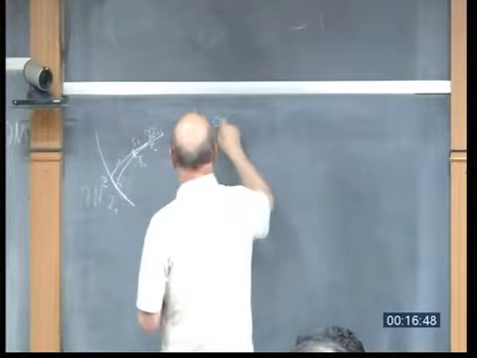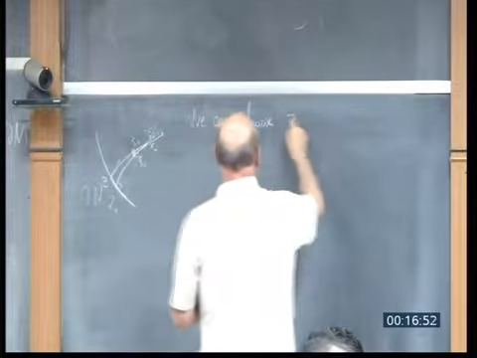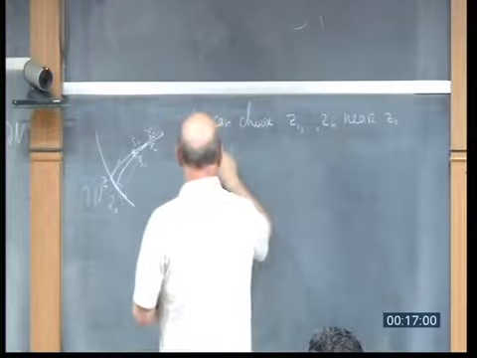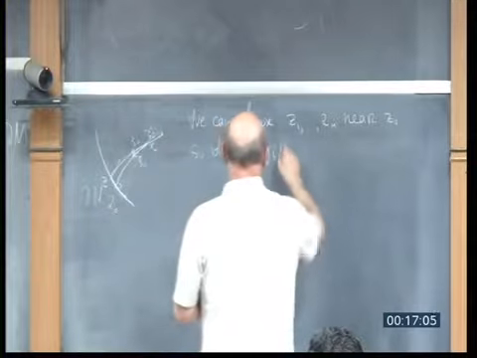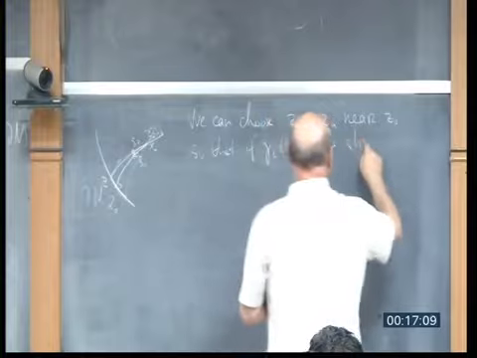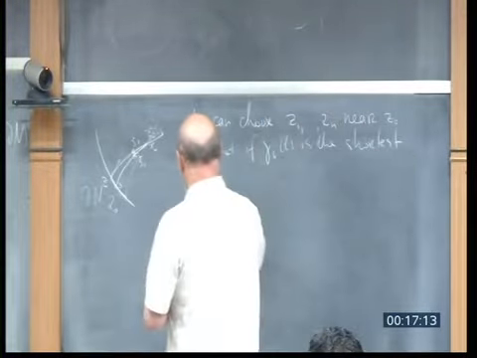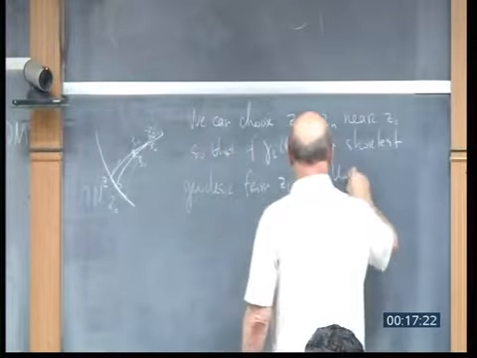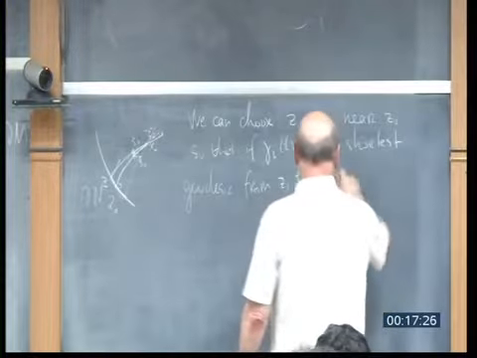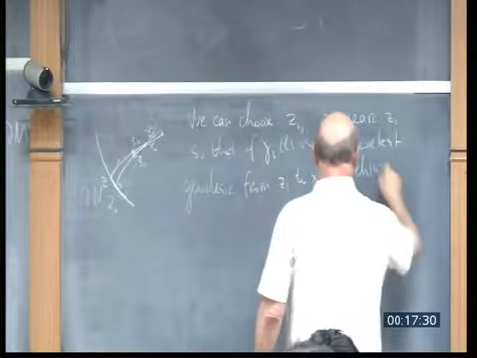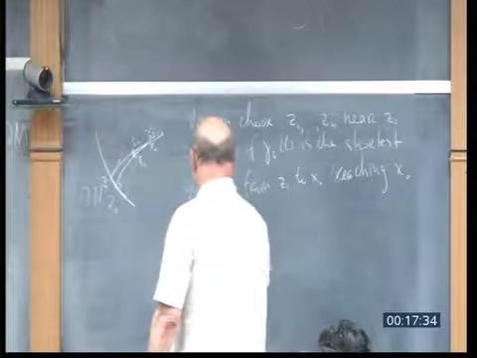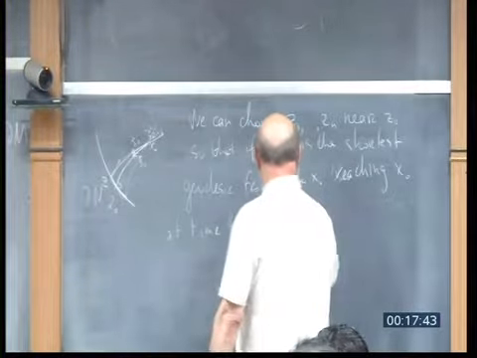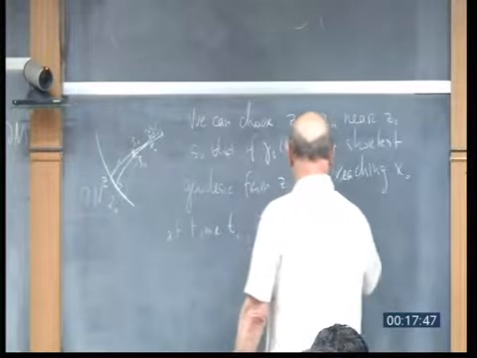So we can choose z1, ..., zn near z0, so that if gamma i of t is the shortest geodesic from zi to x0, reaching x0 at time ti, where time means actually the arc length, then gamma dot i at the time ti are linearly independent.